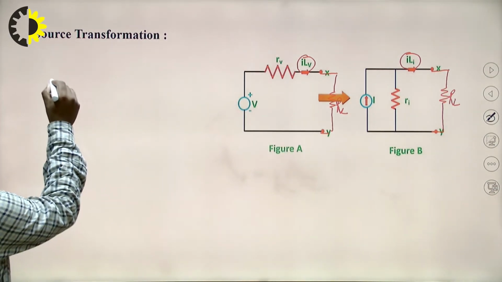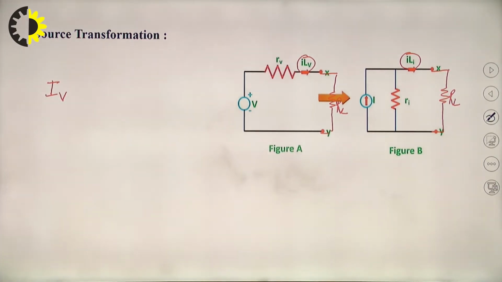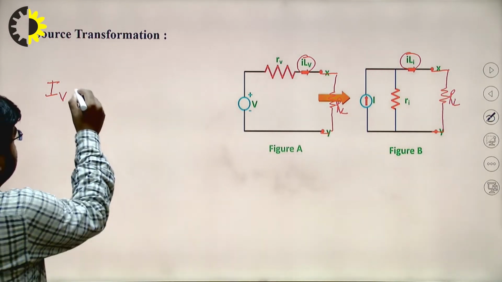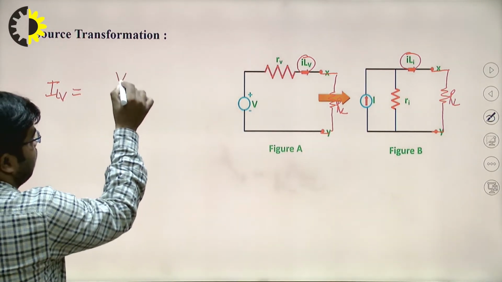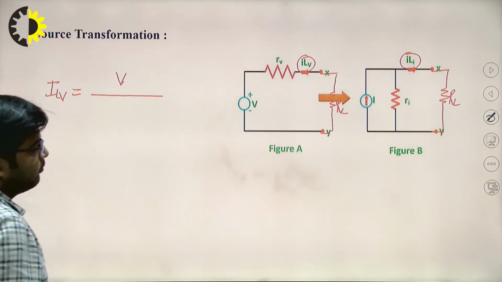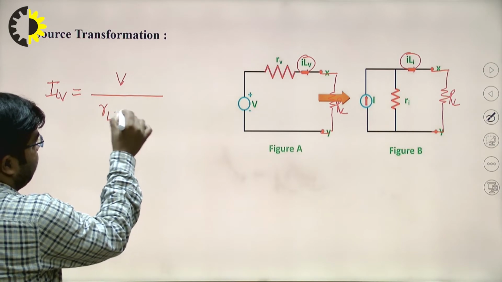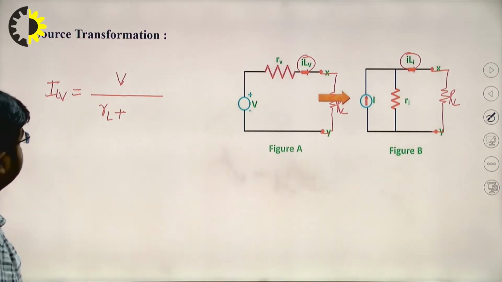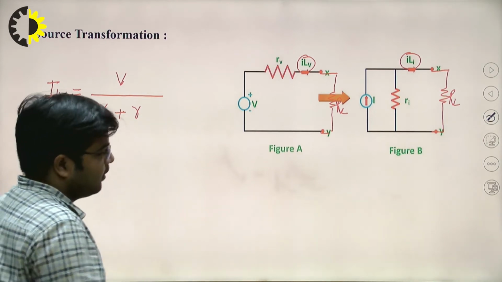So ILV, just use the voltage division rule. So ILV is equal to input supply voltage V divided by Rv plus capital RL.